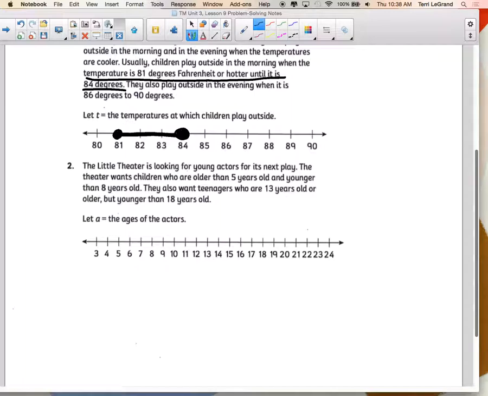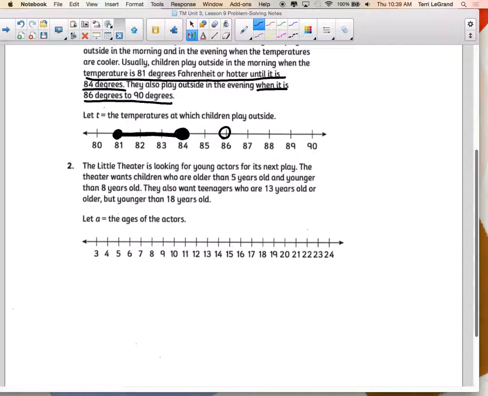Okay, they also play outside in the evening when it is 86 degrees to 90 degrees. So we're going to go to 86 and put a circle there. Would they be outside when it's 86 degrees? Okay, this is the one that is always so tricky when they just use the word to, T-O. 86 to 90 degrees. You know, we're going to include it. It says they play outside when it's 86 degrees to 90 degrees.